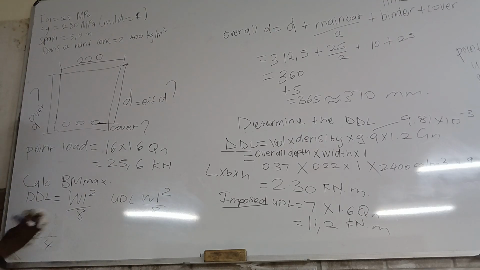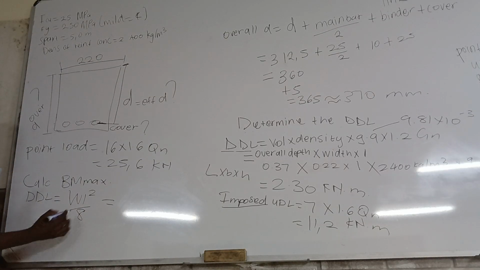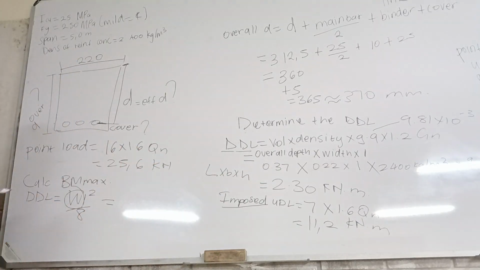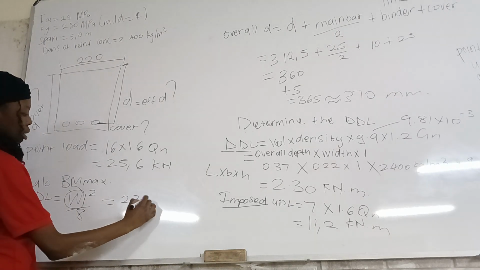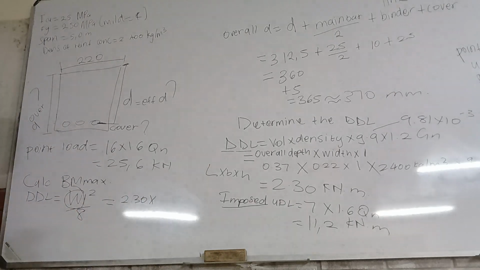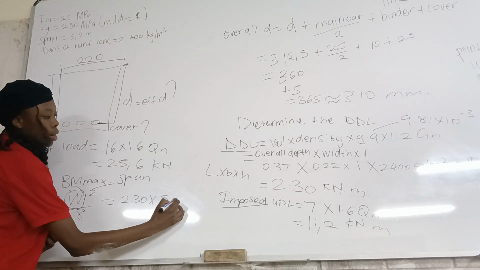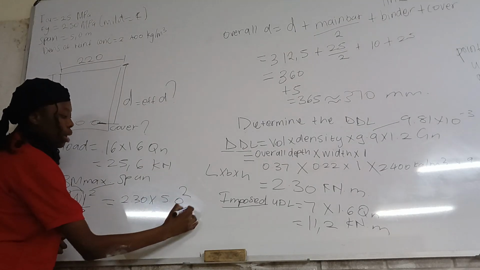So for the DDL, W, what do we substitute? We substitute what we got for the DDL, 2.30, and then L is the span, so it's 5.0. You substitute in meters, so 5.0, and then we square it and divide by 8.